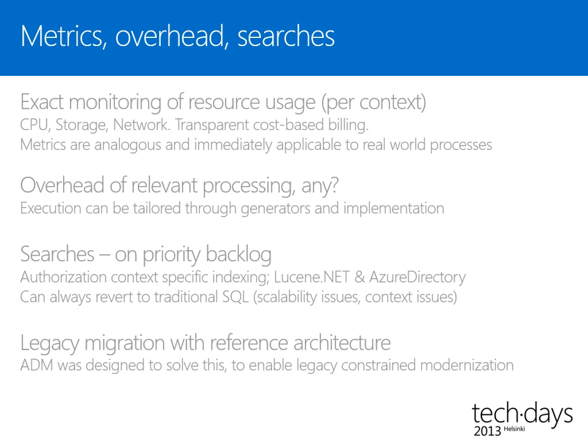Then legacy migration with reference architecture. ADM was actually initially designed to solve this, to control the reference architectures. We haven't yet plugged it in, but in my last year's ADM sessions we have complete demos of building the ADM from scratch with the Go generators.